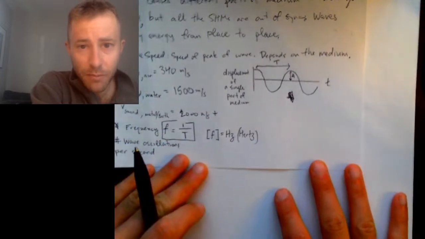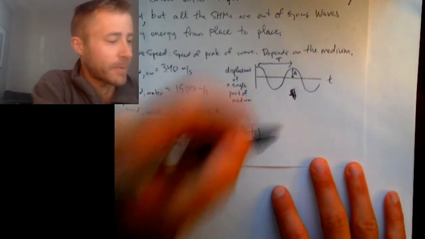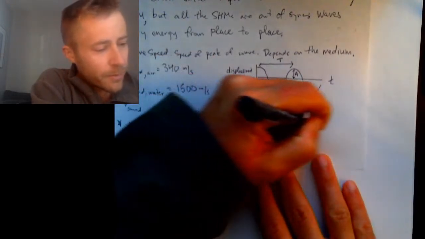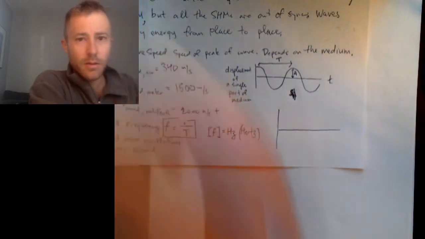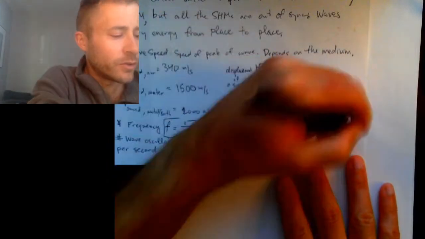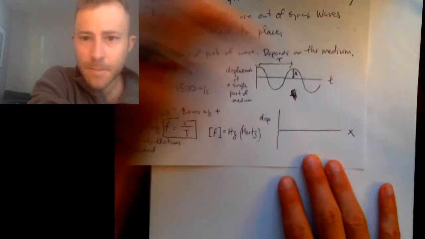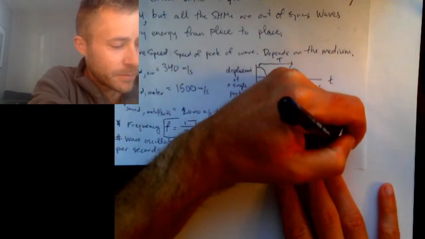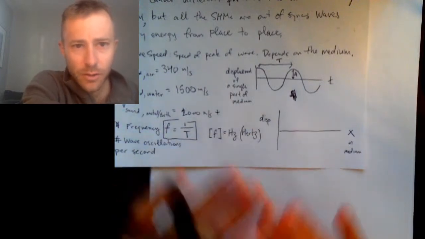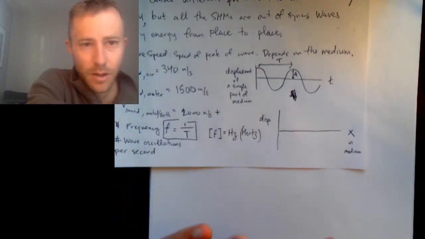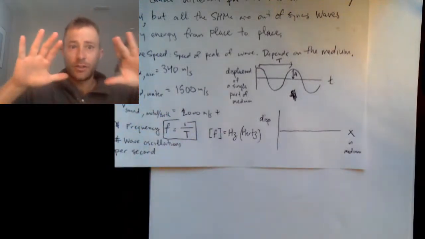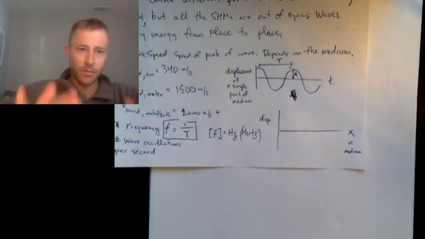There's a second graph that we can draw for waves, and this one is displacement versus position in the medium. This graph is going to look literally like a photograph of the wave, like if you're watching a wave from above the water.